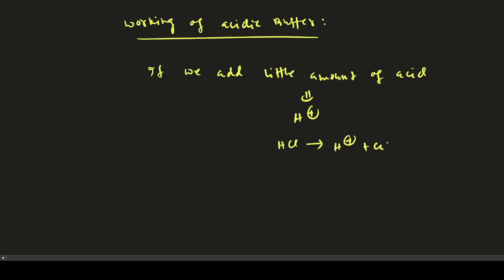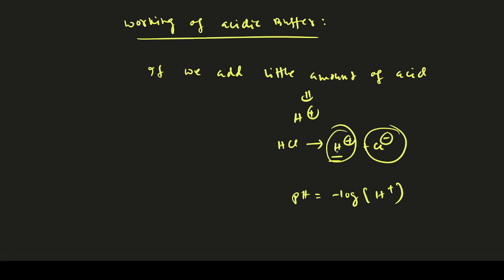and Cl minus. Okay, so you are considering only H plus, you are not considering Cl minus. Why? Because pH is minus logarithm of H plus concentration. So if you add acid, you are indirectly giving H plus.